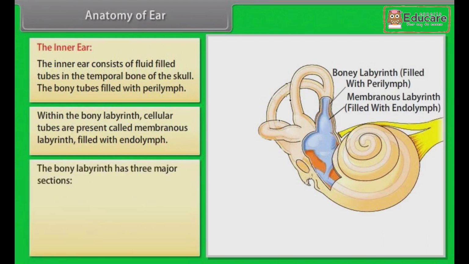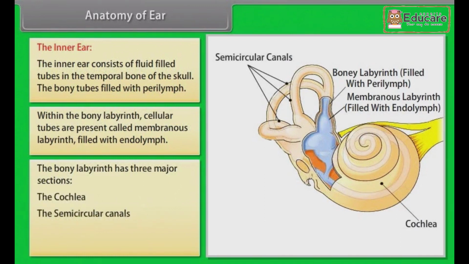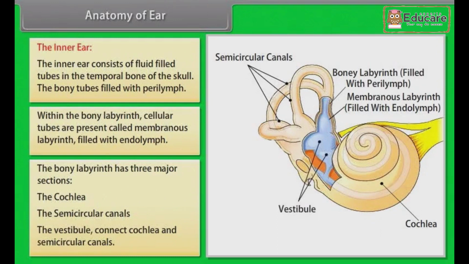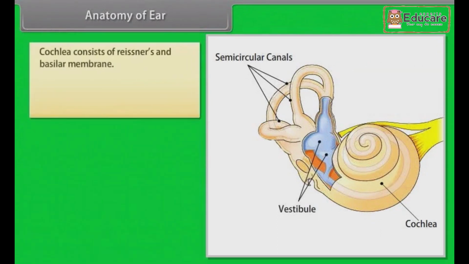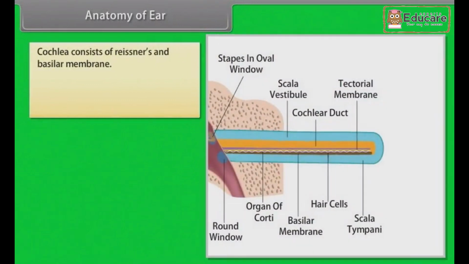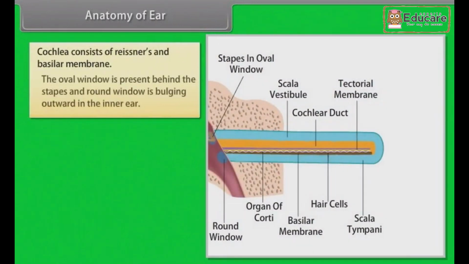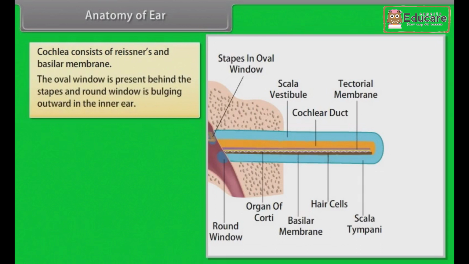The bony labyrinth has three major sections: the cochlea, the semicircular canals, and the vestibule connected to the cochlea and semicircular canals. The cochlea consists of the vestibular and basilar membrane. The oval window is present behind the stapes, and the round window bulges outwards in the inner ear.